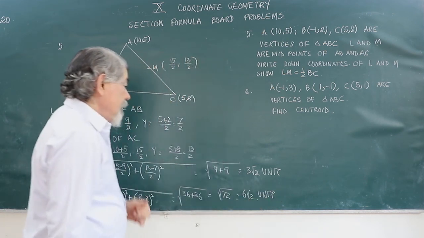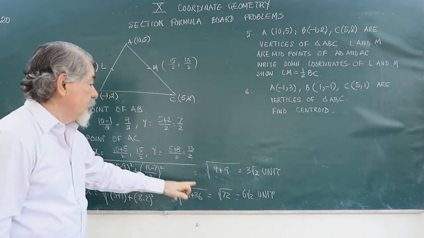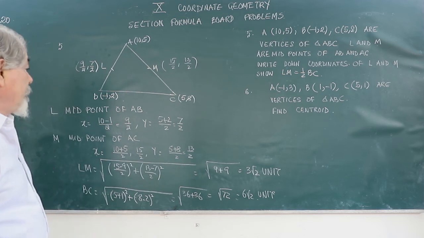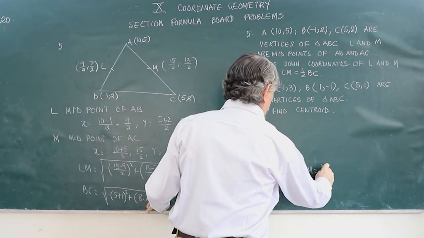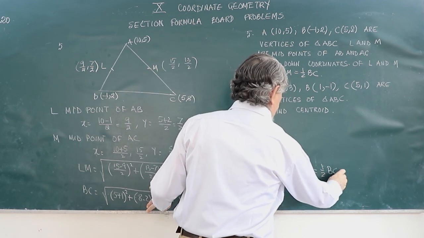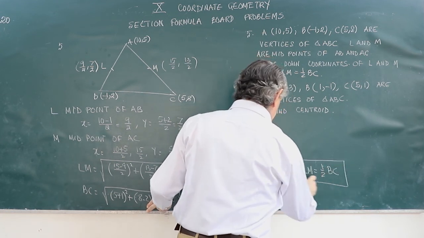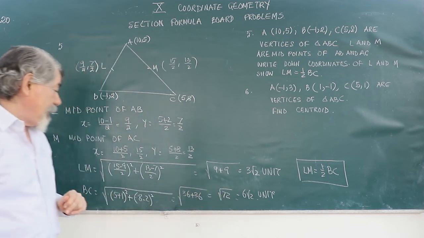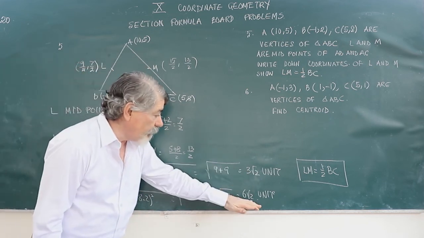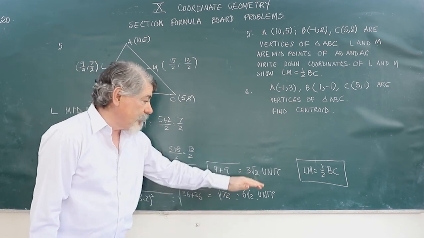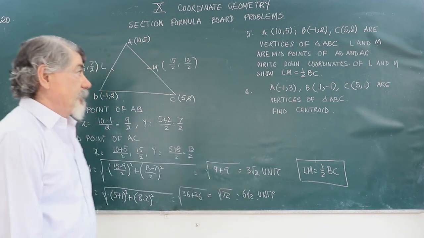Now you can see that BC is double of LM, or LM is half of BC. The length of LM is 3 root 2, the length of BC is 6 root 2, and this length is half of this length.